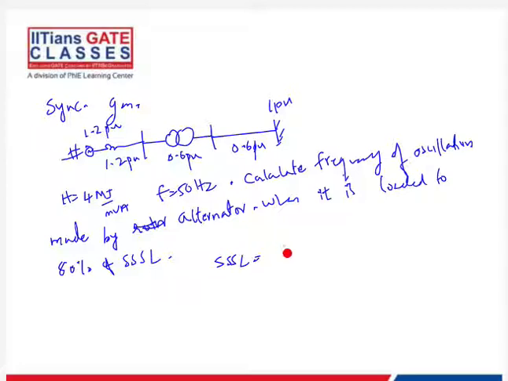We are given EV by X, where E is 1.2 and V is 1.